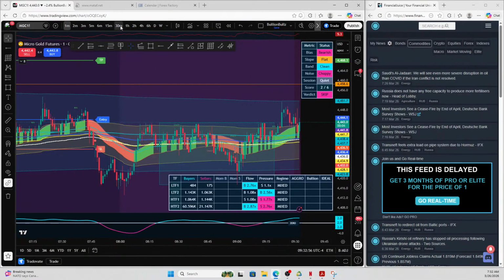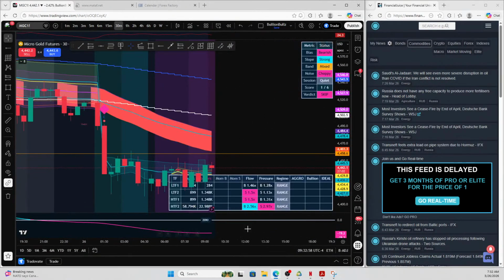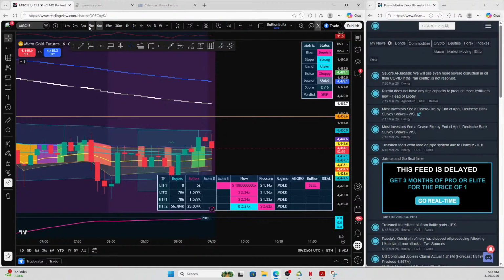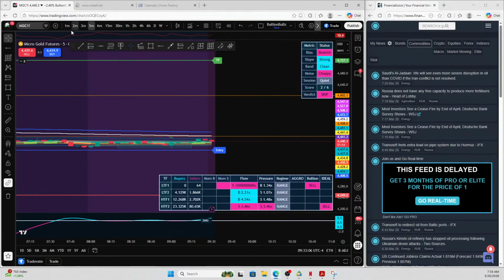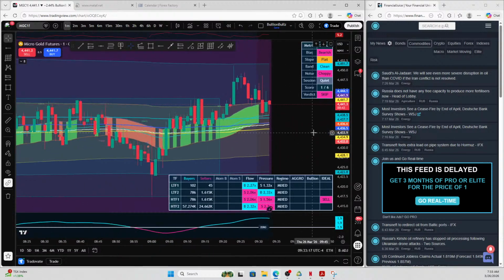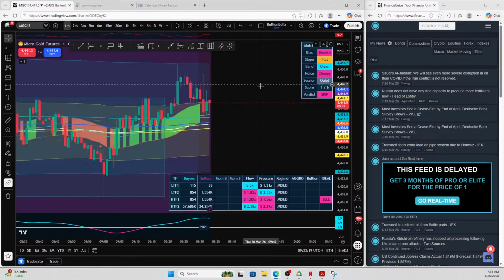What we want to see is our bias quickly. So our bias on 30 minute is short, 15 is short, 5 minute is long, and 1 minute is long as well. Our pressure is above 2 on the negative side. So we are looking for a sell position in the market.